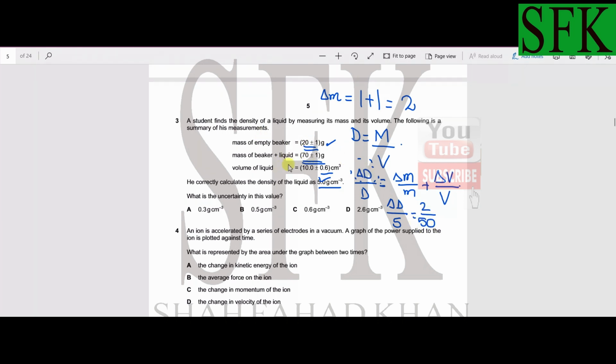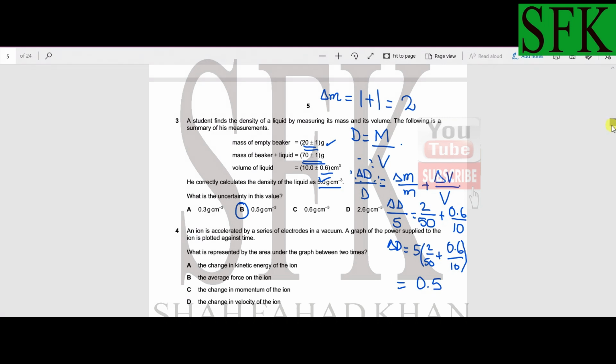Mass of the liquid, basically, not water, liquid. And plus, what is the absolute uncertainty in volume? It's 0.6 divided by, what's the actual value of volume? It's 10. Now use your simple math, and the answer you get is 0.5 grams per cm cube. So B should be the correct answer.